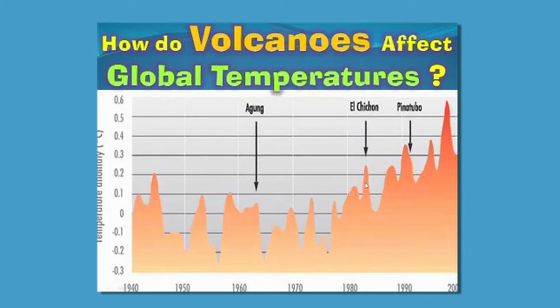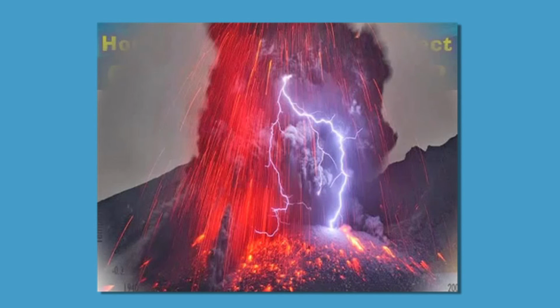When El Chichón erupted, we can see again an immediate dampening of temperature. And then when Pinatubo erupted, we had again an immediate dampening of temperature. It's because of the sulfur dioxide that the volcanoes produce. But this is very, very temporary, and it washes out of the atmosphere in short order.